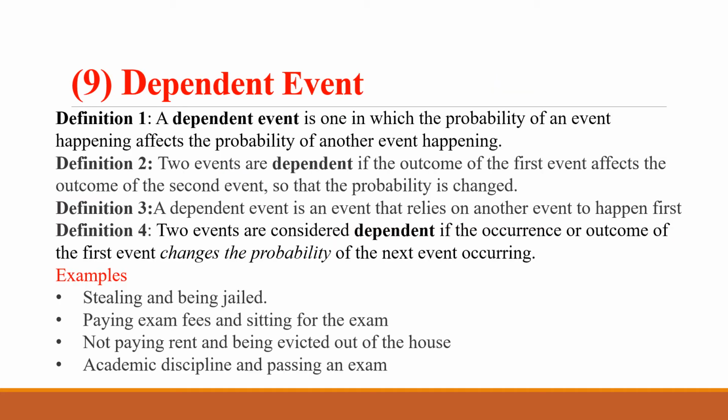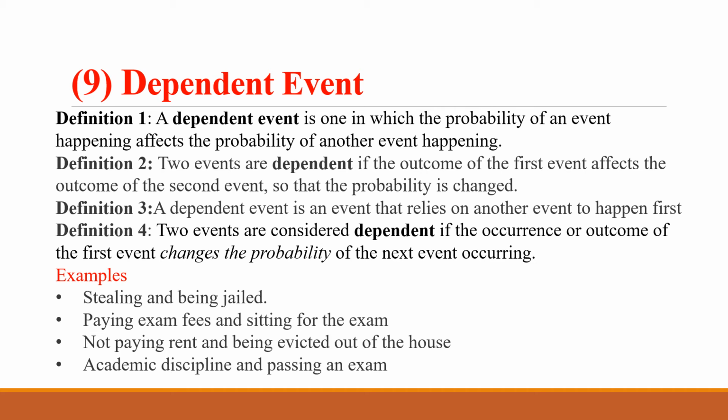What is a dependent event? A dependent event is one in which the probability of an event happening affects the probability of another event happening. For example, if one is stealing, there's a relationship between being jailed or not being jailed.